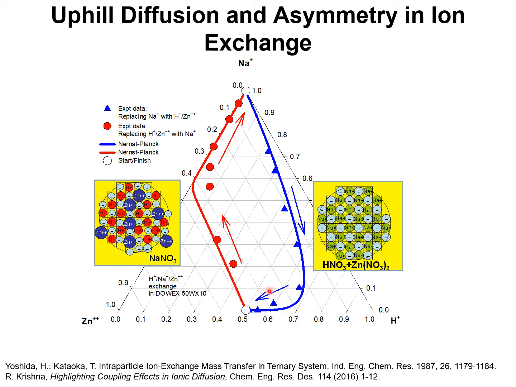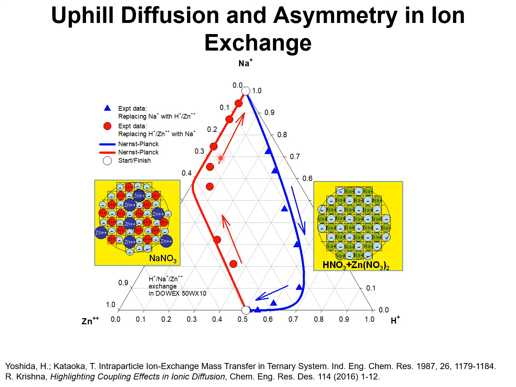It is noteworthy that the trajectory followed here, shown in blue, when the ion exchange particle is initially loaded with sodium, is exhibiting an overshoot in H plus, whereas the reverse equilibration, in which the particle is initially loaded with a mixture of zinc 2 plus and H plus, follows a completely different path that is not symmetric with the blue path.